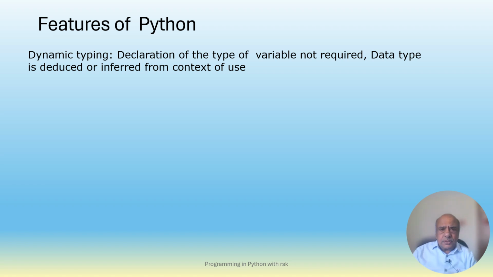Data type is inferred from the context of use. In other languages, when we are going to use a variable, we first have to declare it along with its data type. That is not necessary in Python. Python deduces the data type from the context of use.